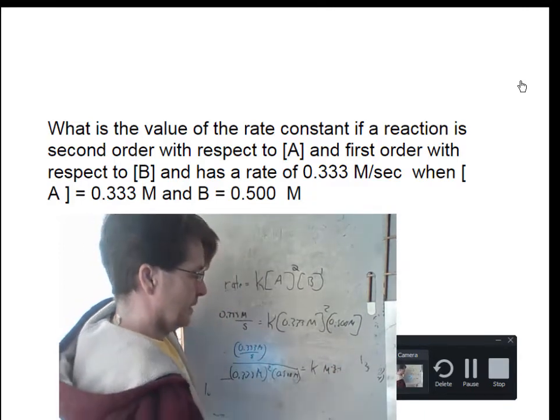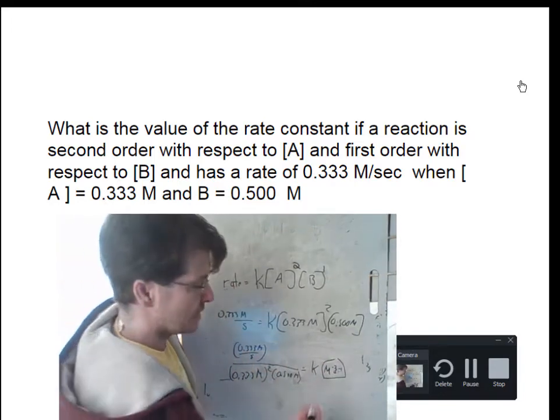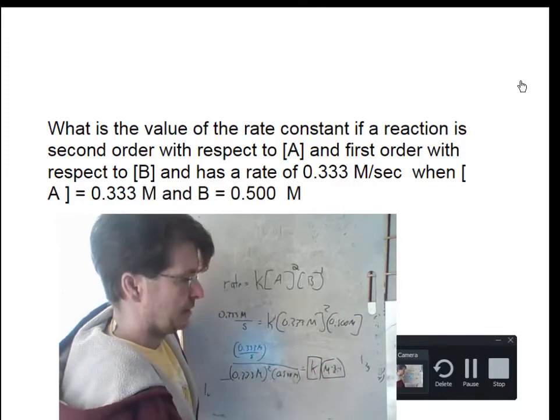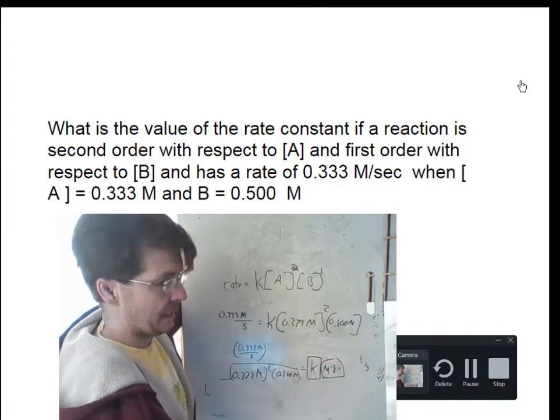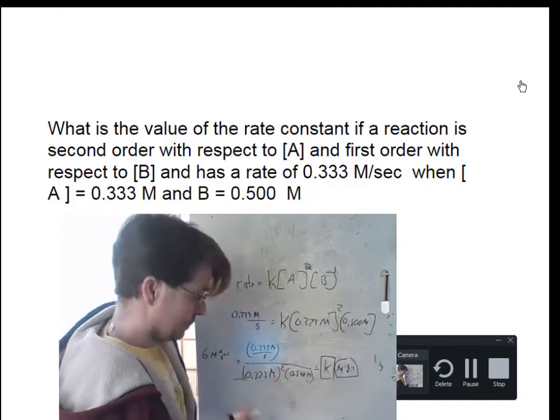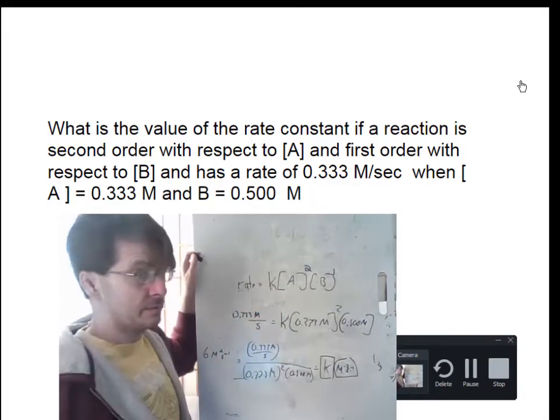Right? The units are less important, as you'll see. Traditionally, we just state the rate constant for the given reaction without actually including the units. Right? So we can solve that quite easily. 6.06. So relatively straightforward.